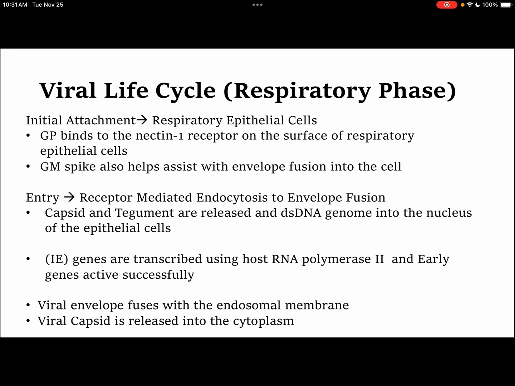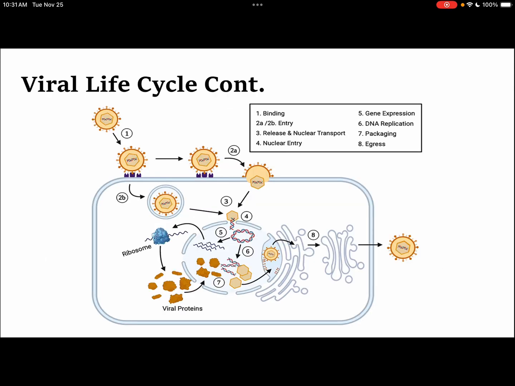Once inside the nucleus, we're going to see some immediate early genes begin to be transcribed by the host RNA polymerase II, as well as some early gene replication. However, this is only limited replication, just enough to produce a small number of virions for shedding, to be further let into the bloodstream.